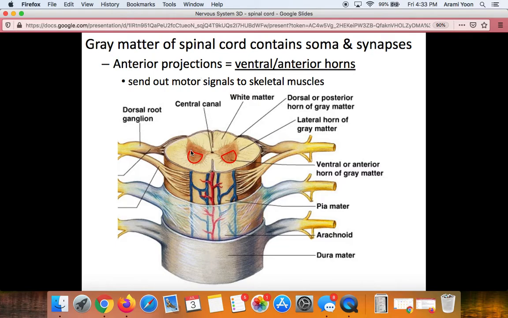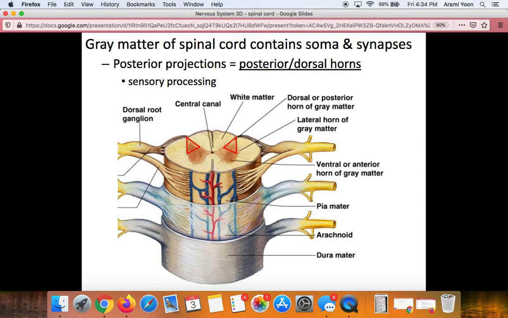Then the other terminology you should know are the anterior projections of the gray matter. These are called the ventral horns, ventral meaning belly, or anterior horns, anterior meaning the front side. And so these regions of the gray matter are responsible for sending out motor signals to the skeletal muscles to then trigger the skeletal muscles to contract or relax appropriately.